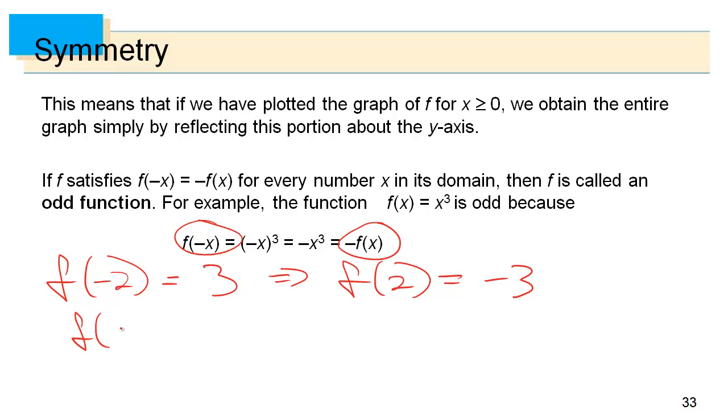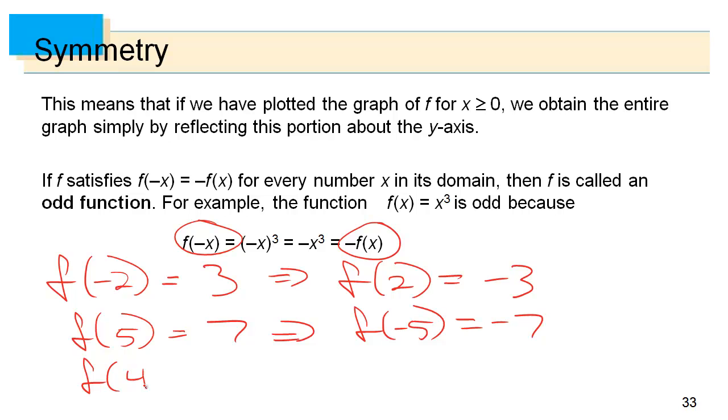Or if you have f of 5, let's say, equals 7, then f of negative 5 must equal, you got it, negative 7. We'll do one more. If f of 4 equals negative 2, then f of negative 4 has to equal, you got it, positive 2. It's that simple.